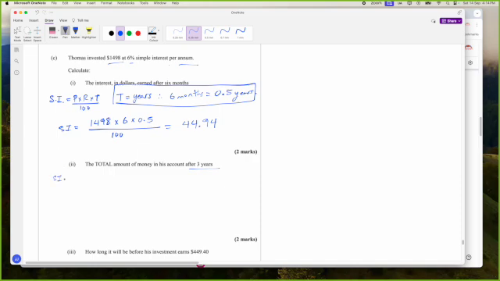A simple interest is equal to the principal by the rate by the time, which is 3, over 100. So the principal by the rate by the time divided by 100 is 269.64. This is after 3 years.